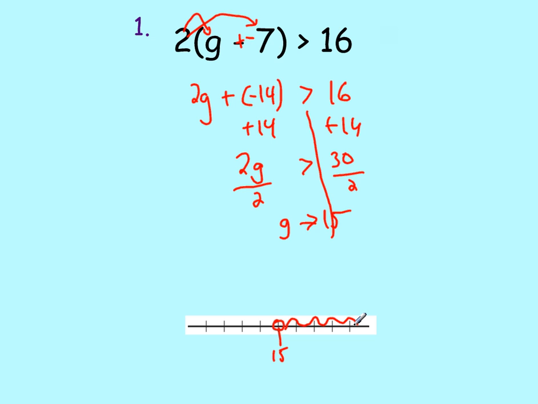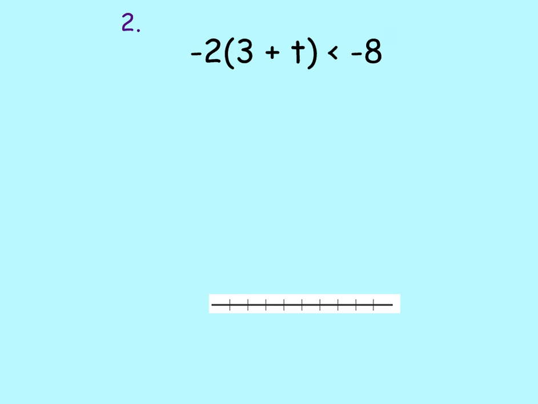Let's take a look at problem number 2. Go ahead and copy it down, and then we're going to distribute. We're going to do -2 times 3. Remember to distribute to both terms, so that's going to be -6 plus -2t is less than -8.